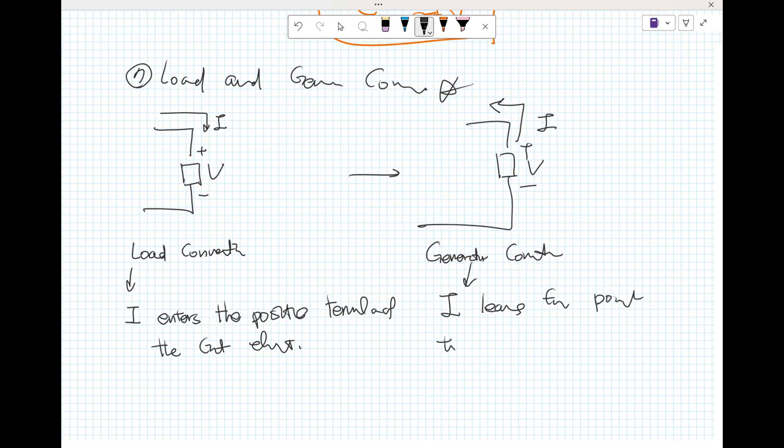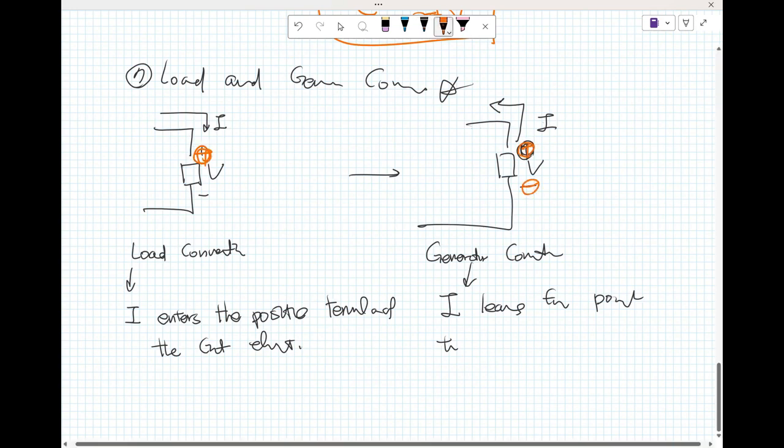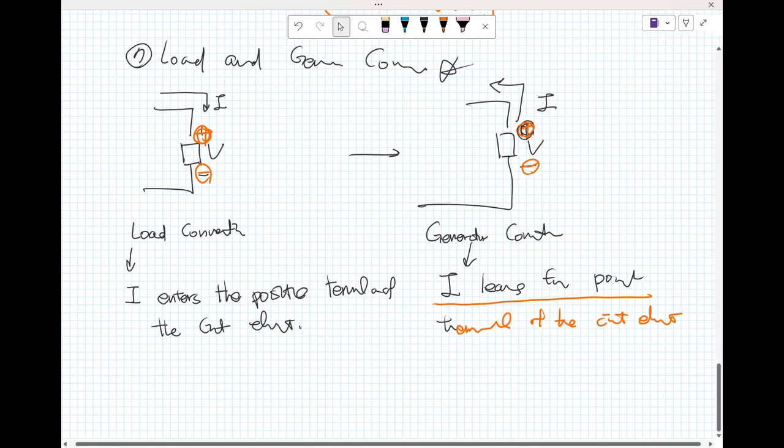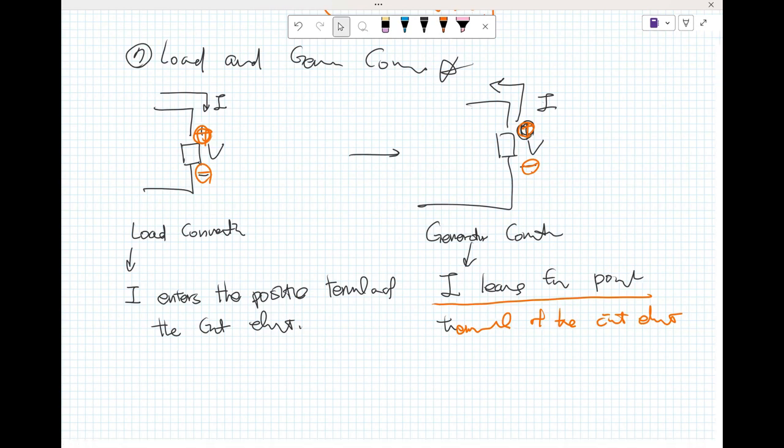Positive terminal means you can see right there, this one is the plus, and the other is the minus. So the current leaves from the positive terminal of the circuit element. So it depends on whether the current is entering or leaving.